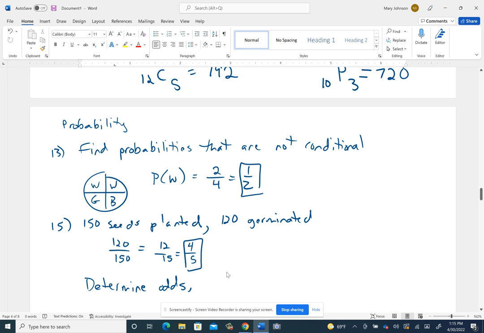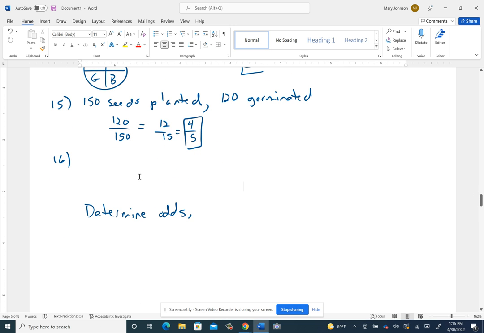Another one we did from the test that was like that would be one like number 16, where you roll a couple of die and you're supposed to answer questions like, what's the probability?